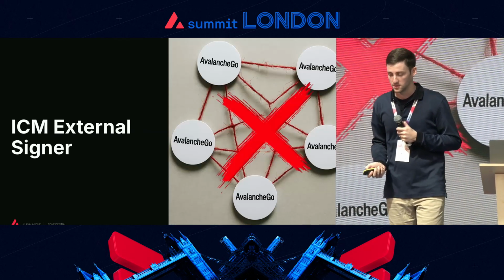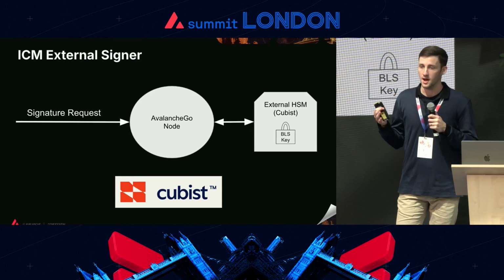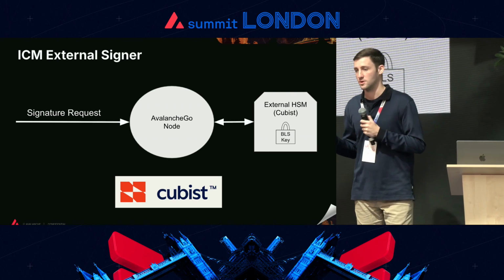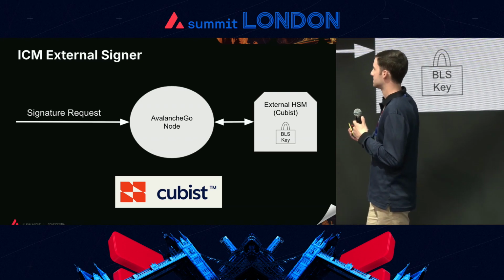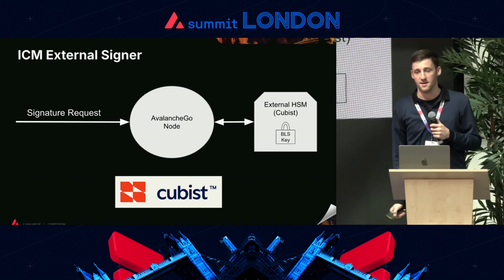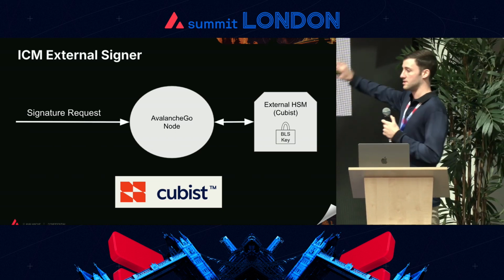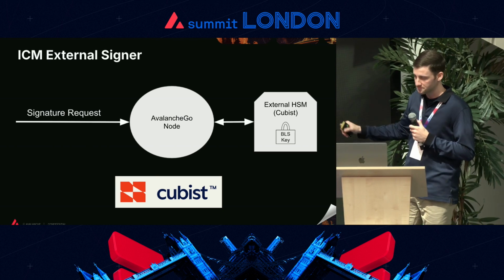So with the ICM external signer, what we're hoping to do is increase the practical security of the usage of ICM for chains with small validator sets. And the way that it works is that the BLS key, which was previously kept on disk and read into memory of the Avalanche Go node, is now moved external to the node into a hardware security module, HSM.